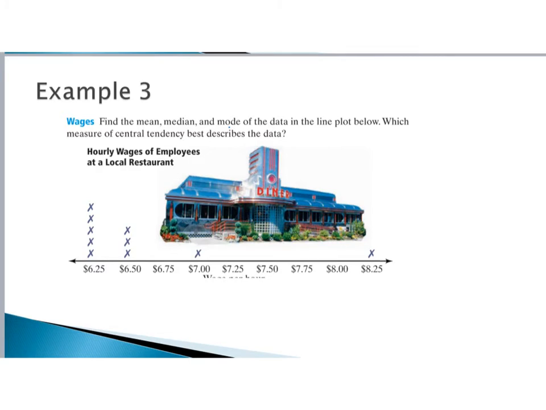Okay, so essentially what I'm going to do is start out by listing my data in order from smallest to largest. And when I look at this right here, I can see that I have 1, 2, 3, 4, 5 occurrences. So I have 6.25, 6.25, 6.25, 6.25.